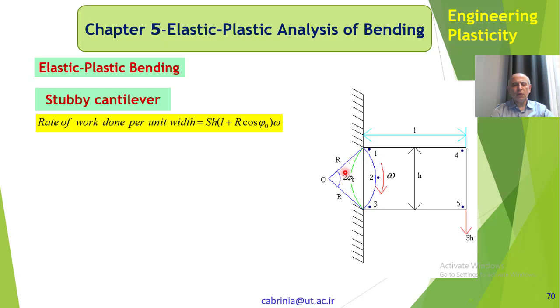Because that's the rate of work done. What is work done? Work done is the force times distance moved. But here we have force times distance moved per second. So that's the distance moved per second: L plus R cos phi naught, because it's moving about this point. R cos phi naught is this line, because that's 2 phi naught and that's phi naught.